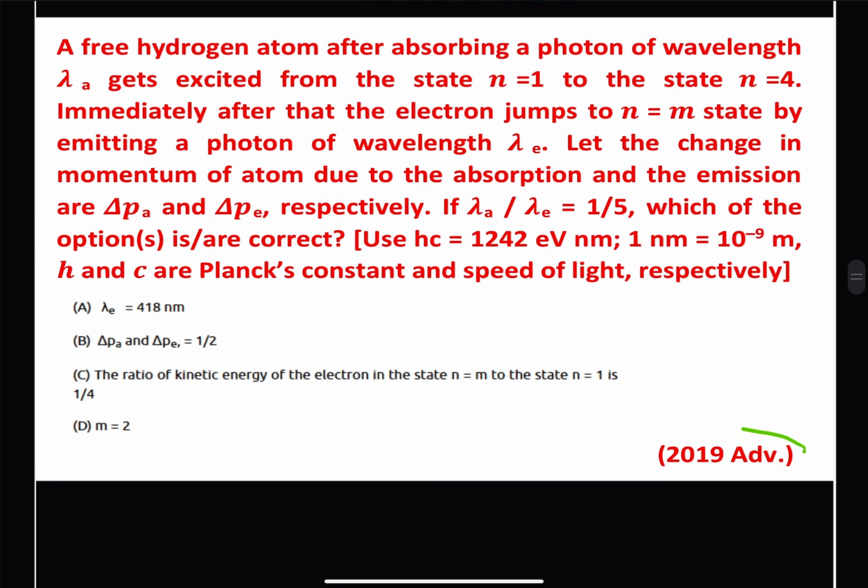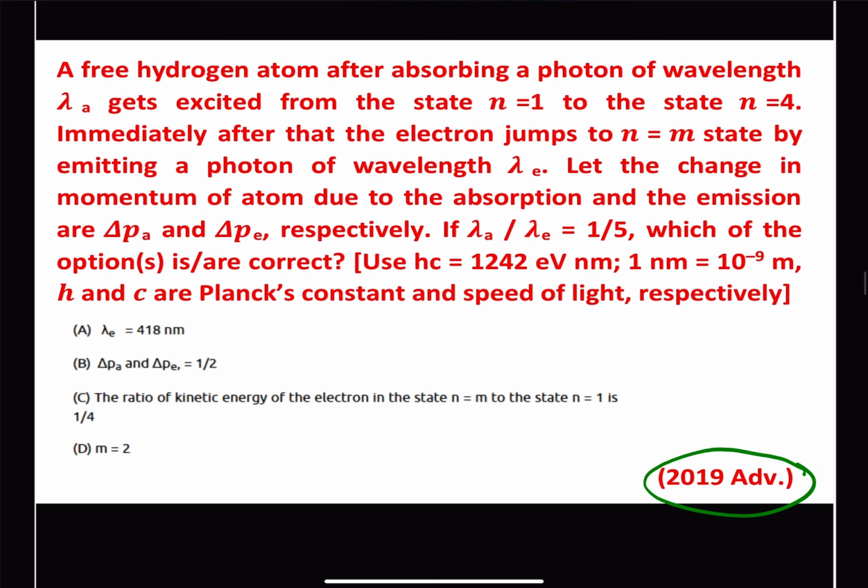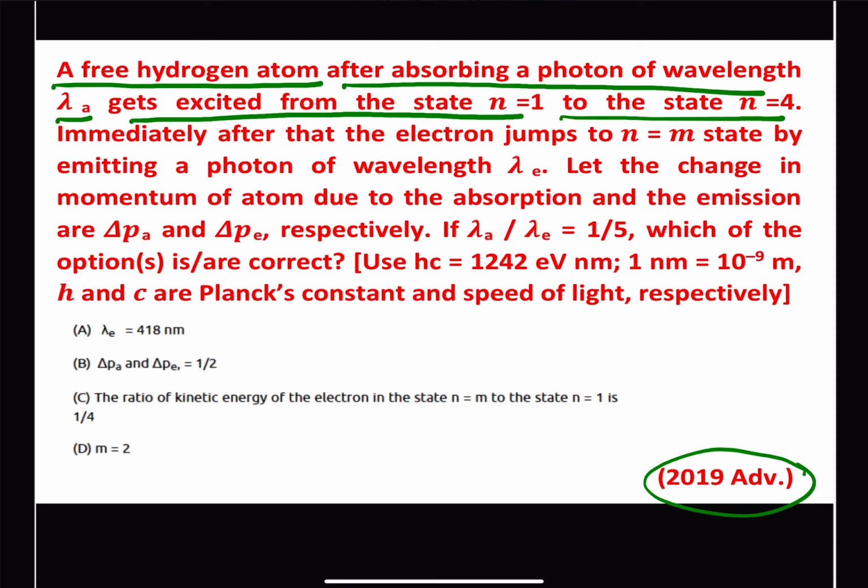Next is from 2019 Advanced, and it states that a free hydrogen atom, after absorbing a photon of wavelength lambda A, gets excited from the state n is equal to 1 to n is equal to 4.